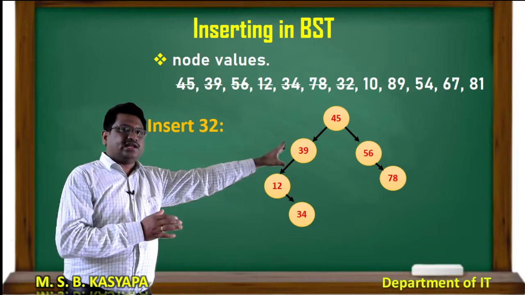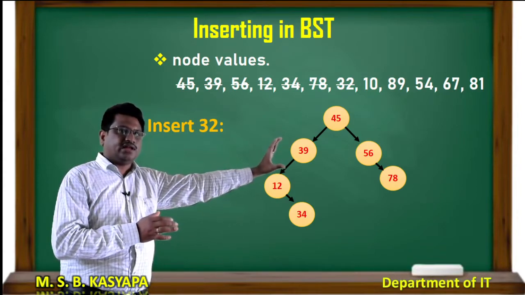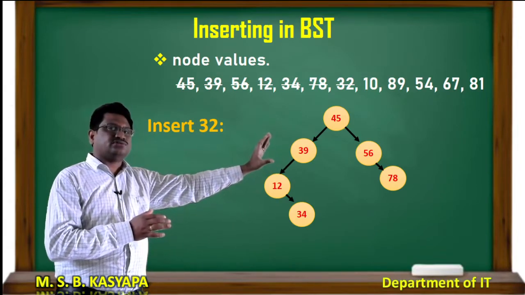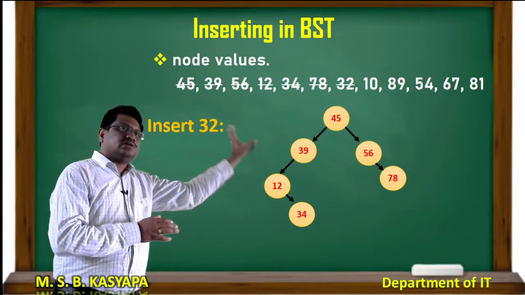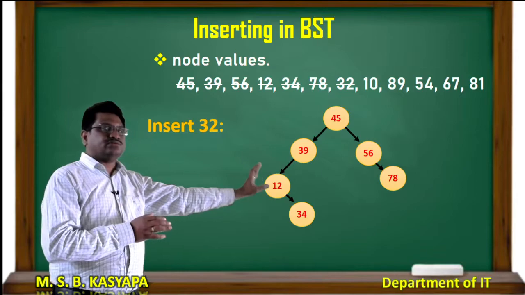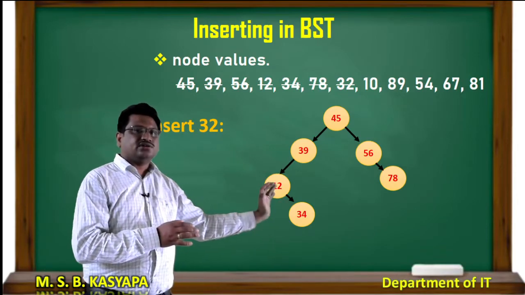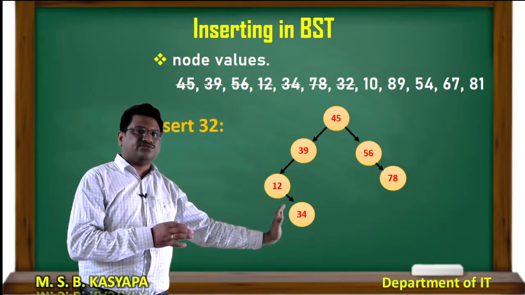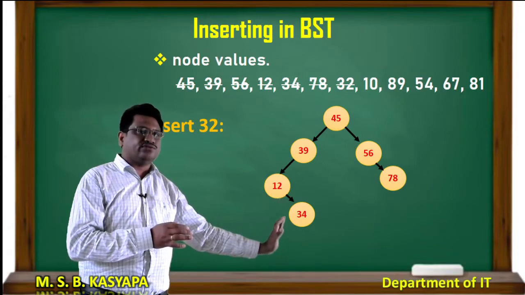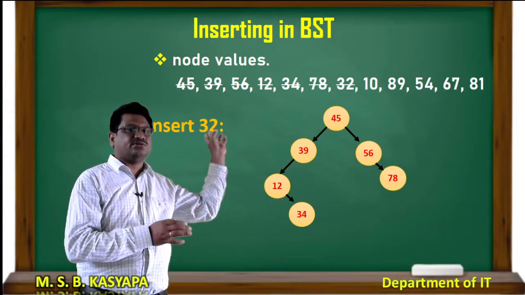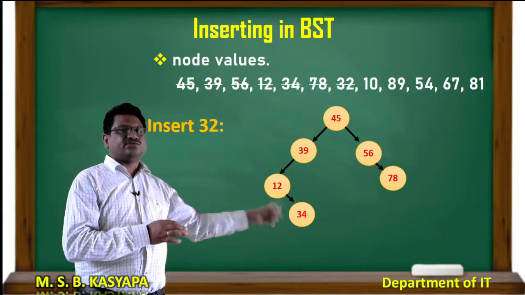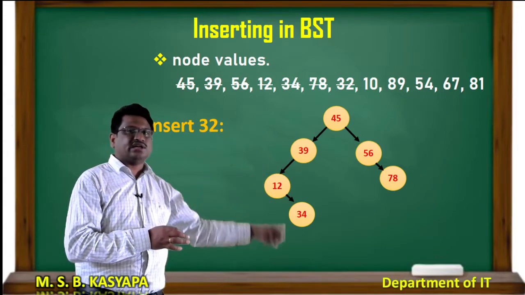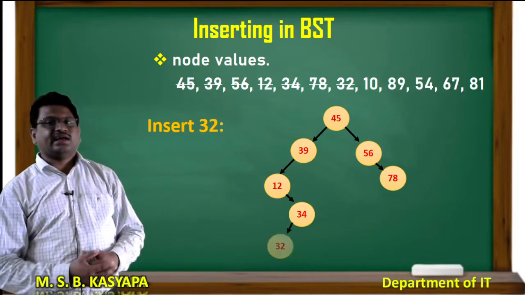Then 12: 32 is a greater value, so I have to move to the right side, which is 34. Now, 34 is the leaf node, so I need to compare with 32. 32 is less than 34, and it is a leaf node, so I can directly insert 32 as the left child of 34.